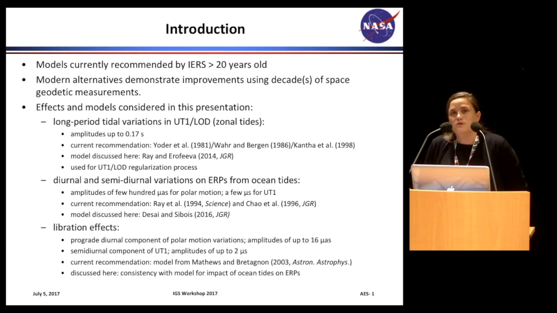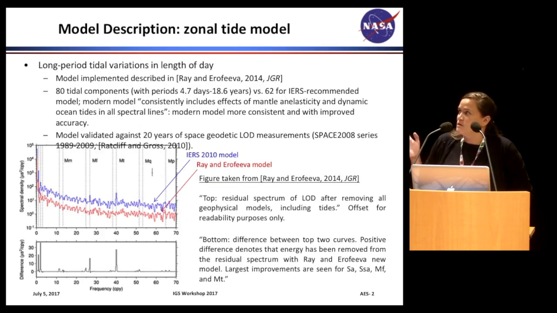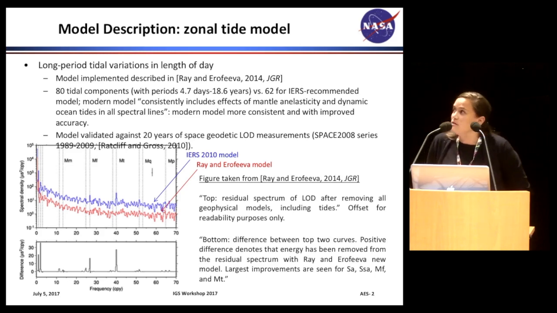To begin with, we'll look at the zonal tide model. I want to say that this slide is basically a summary from the paper published in JGR in 2014 by Ray and Erofeeva. So that's the model we implemented for our test. This model has 18 additional tidal lines relative to the IERS recommended model and is shown to have also improved accuracy over that model.